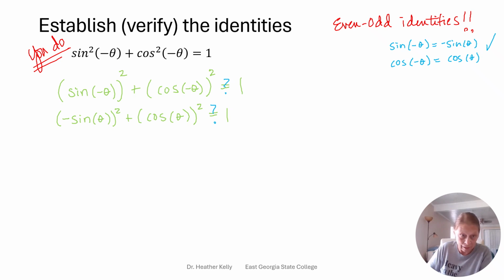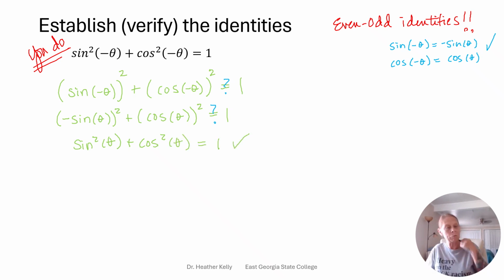Sine theta squared is sine squared theta plus cosine theta squared is cosine squared theta, and it does equal 1. That might have seemed trivial, but it was really important for you to really focus in on that thing. I think most of you just pulled that negative out front and then were like, I don't know. So keep it in mind.